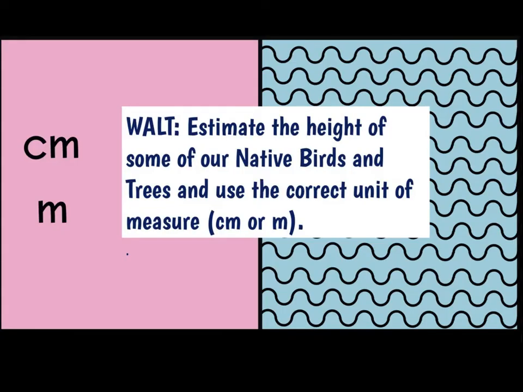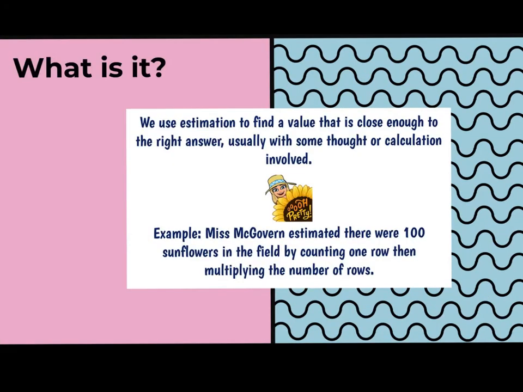And just looking at the other part of our WALT is to estimate the height of some of our native birds and trees. So estimate. What does this mean? We use estimation to find a value that is close enough to the right answer, usually with some thought or calculation involved.